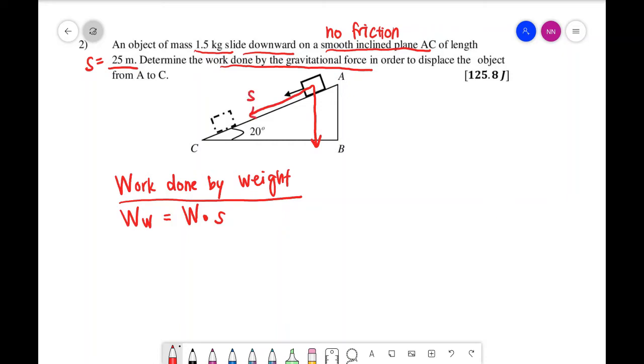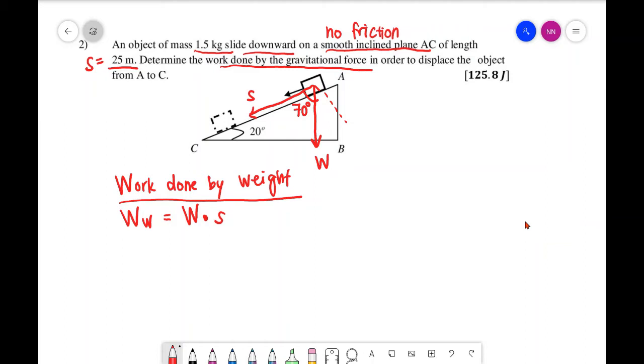Displacement s. So the angle between the displacement and the weight W is 90 minus 20 degree, which equals 70 degree.